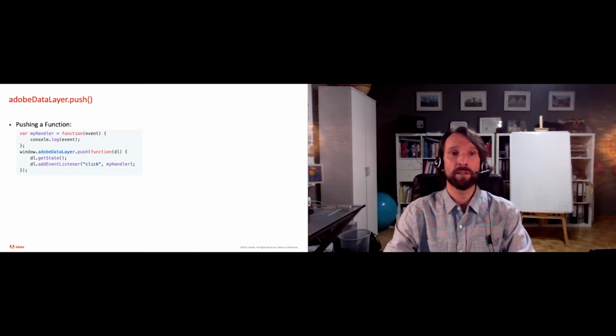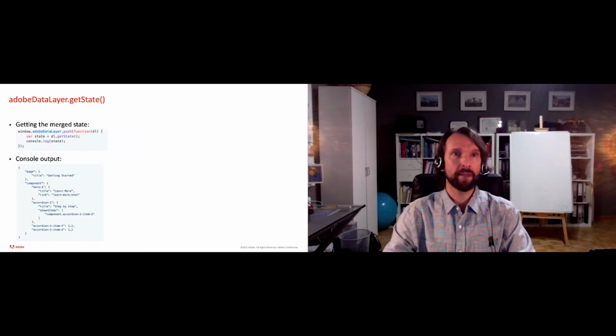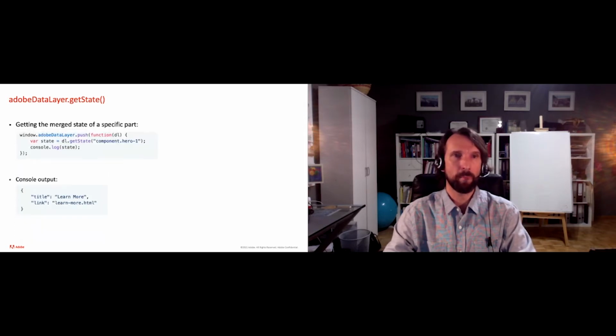Here I'm using getState and addEventListener. I can get the merged state of the data layer by using the getState method. And you see here an output in the form of a JSON representation of my data layer: a page with a few components, hero, accordion, and a few accordion items.